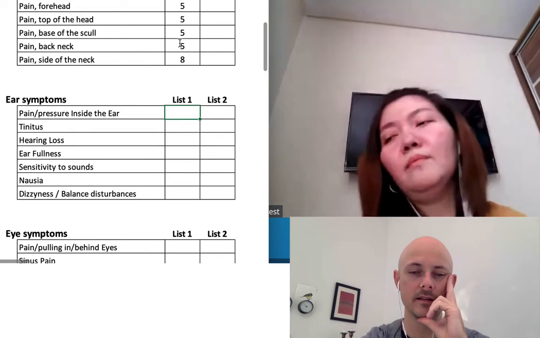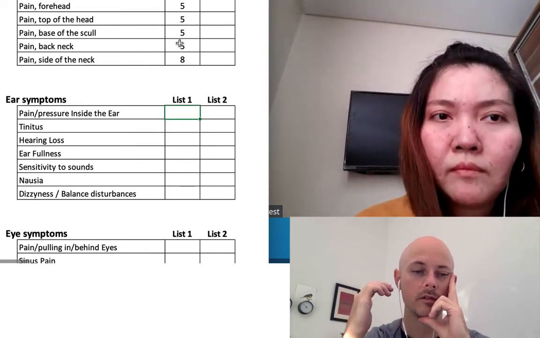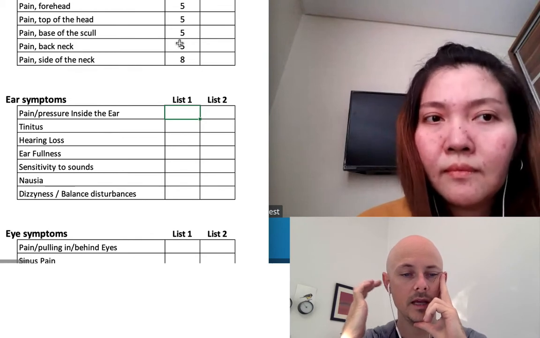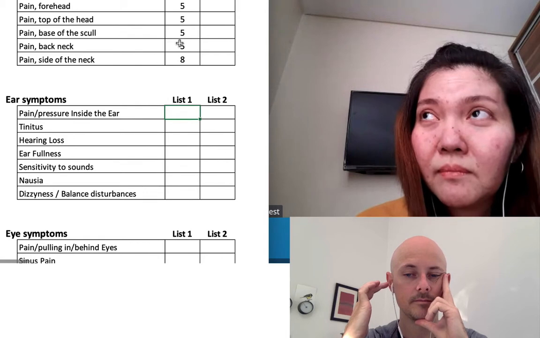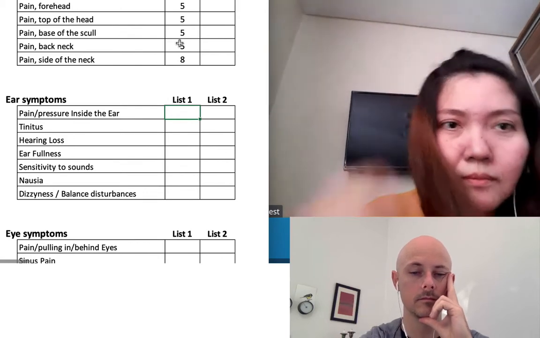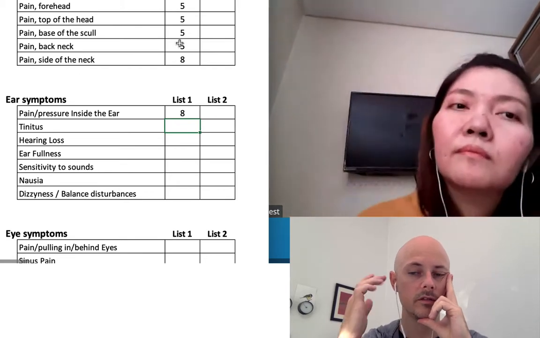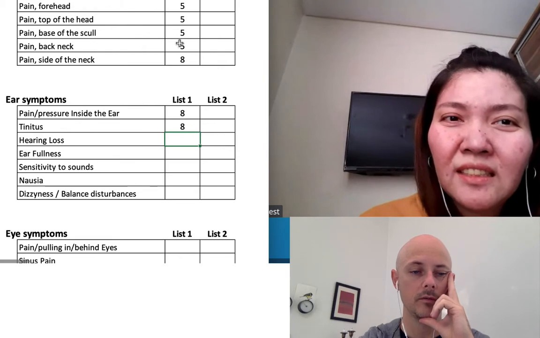The next section is symptoms that relate to the ear. So the first one is pain inside the ear. 8. And then we have tinnitus. 8. And then we have hearing loss.